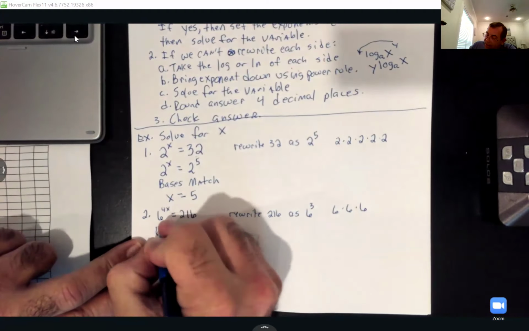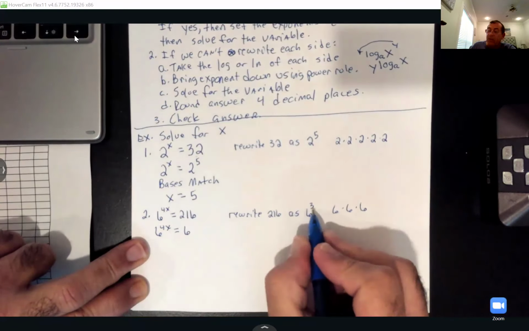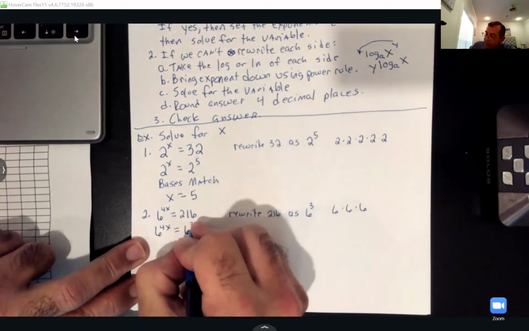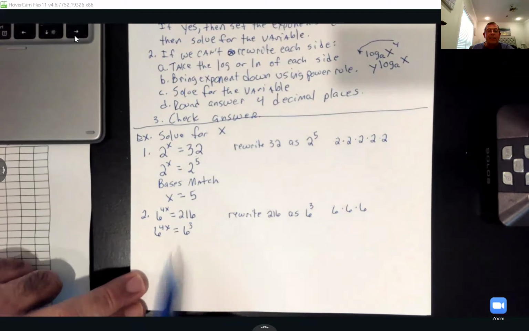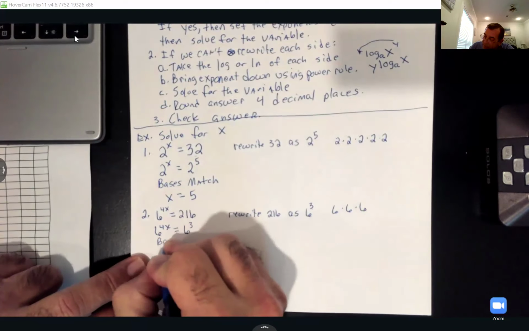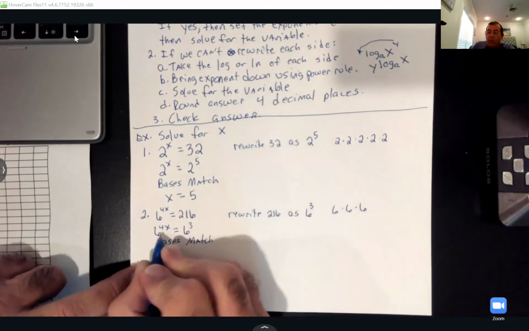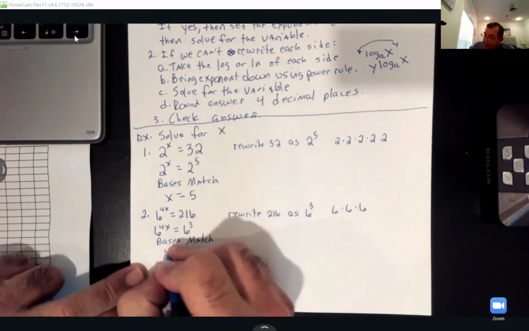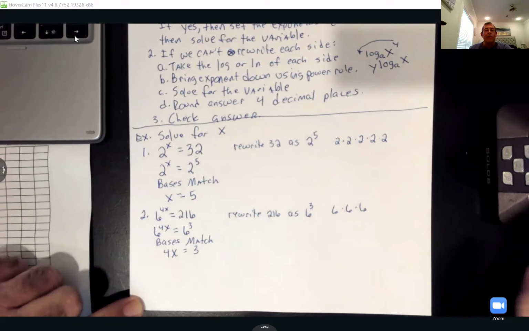So now we got 6 to the 4x equals 6 to the third. All right, y'all, good job, y'all, because now the bases match. So the 4x is going to equal the 3.